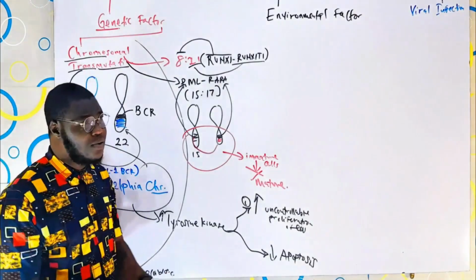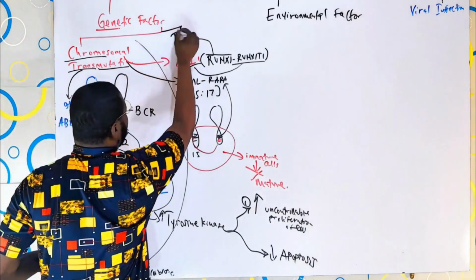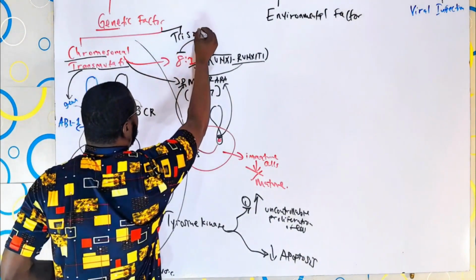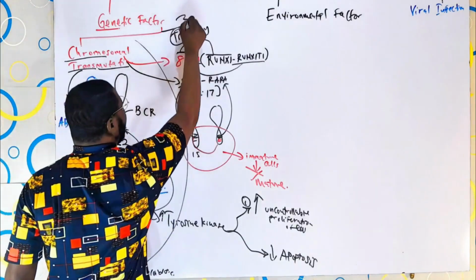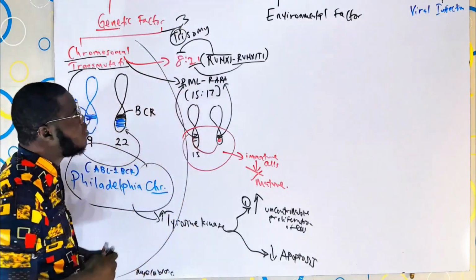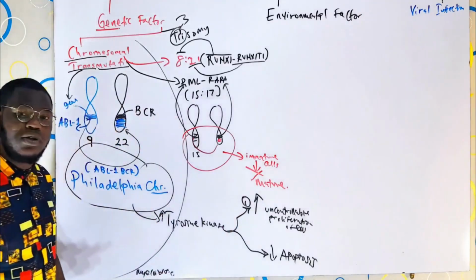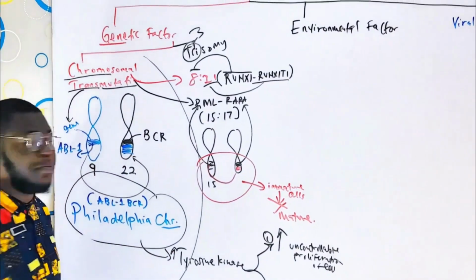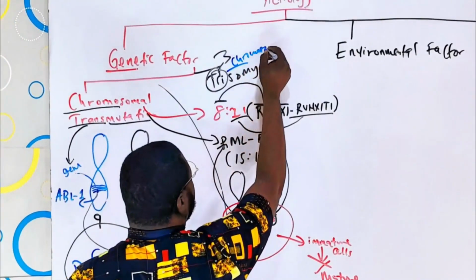Another popular thing is trisomy. Another genetic factor, trisomy, can actually affect as well. When they say trisomy, tri means 3. The 'somy' in front of it: we know that 'soma' in anatomy is talking about body. When it says somatic cells, body cells. But here, it's coded with chromosome.